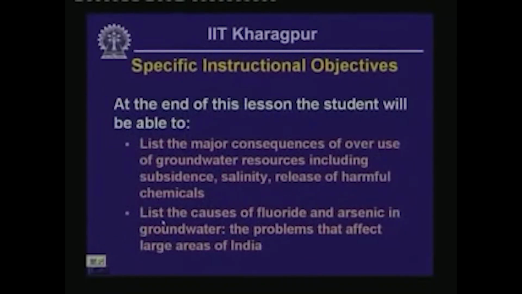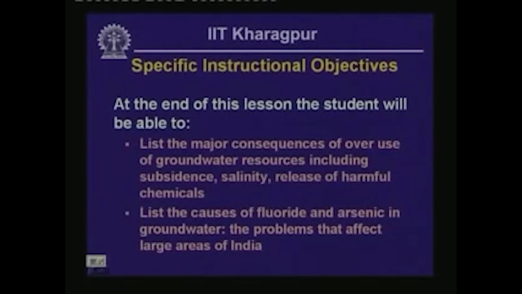Now we can move on with today's subject matter. What we want to accomplish in this particular lesson are the following. We would like to be able to list the major consequences of overuse of groundwater resources, such as subsidence, salinity, and release of harmful chemicals. And we would like to be able to list the causes of fluoride and arsenic in groundwater.